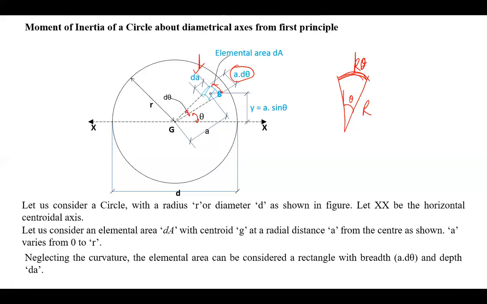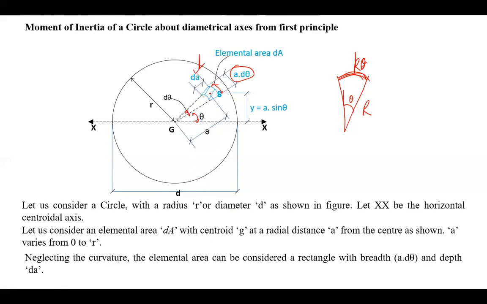A is the distance in the radial direction, and y is the vertical distance of the centroid of this small elemental area.